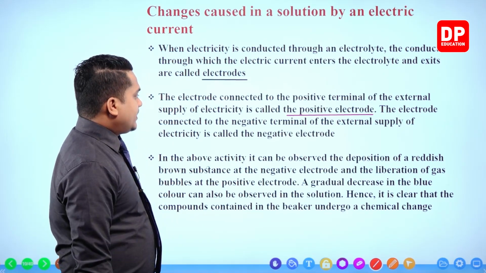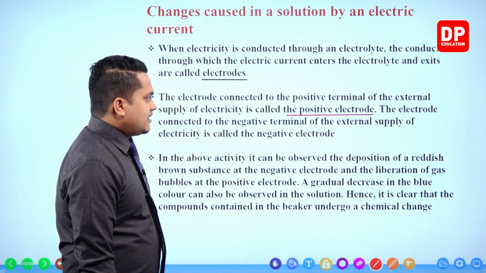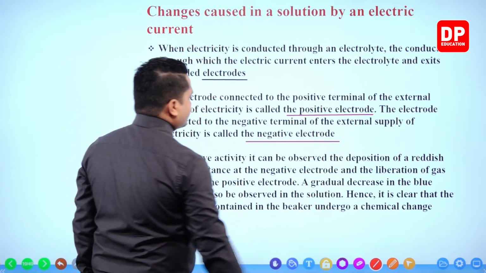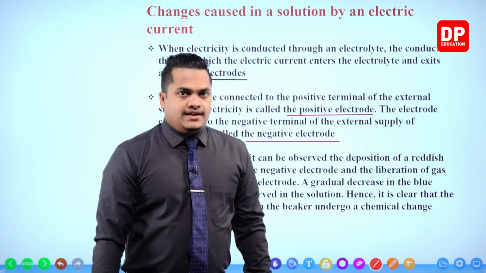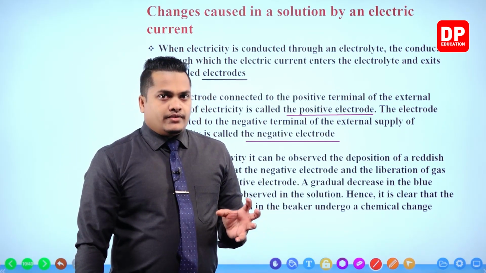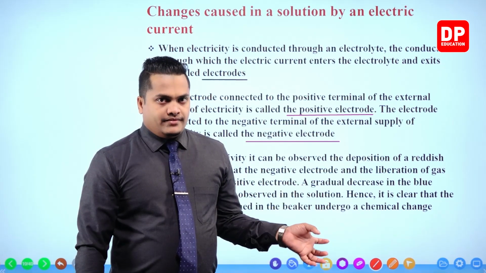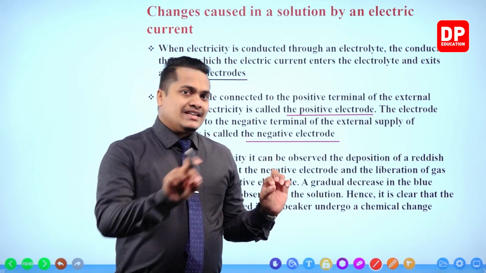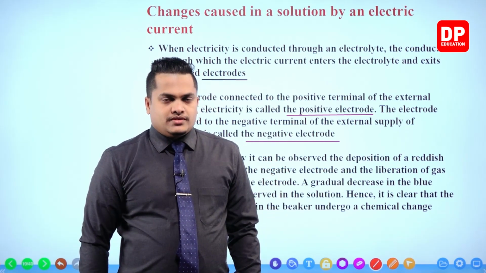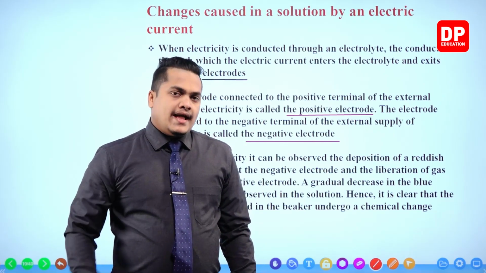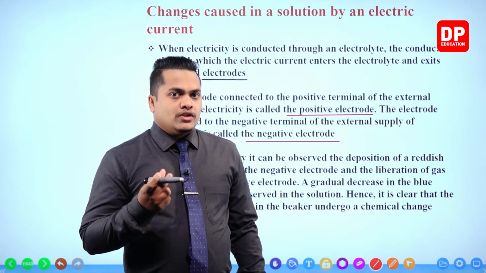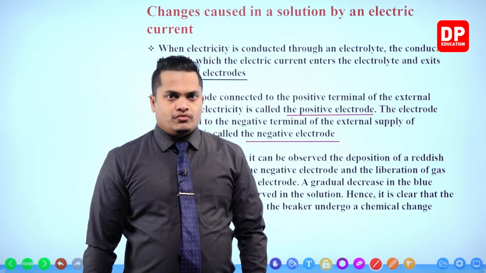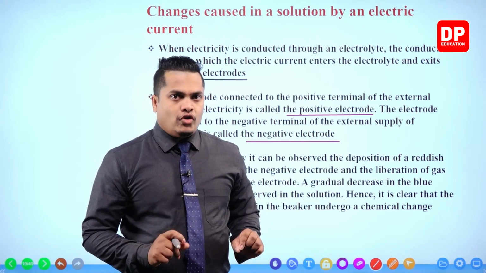The electrode connected to the negative terminal of the external supply of electricity is called the negative electrode. So, the electrode connected to the negative terminal of the external electric source is the negative electrode, and the electrode connected to the positive terminal is the positive electrode.